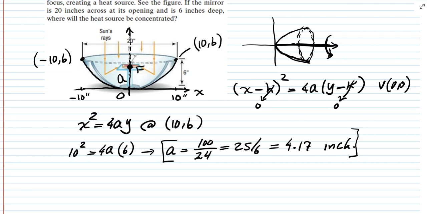And then make sure, where will the heat source be concentrated? Yeah, it's going to be concentrated at the focus. If you want the coordinates of the focus, it's going to be (0, 25/6) exact value, approximately 4.17 inches from the base along the axis of symmetry. All right, we're good. We're golden.